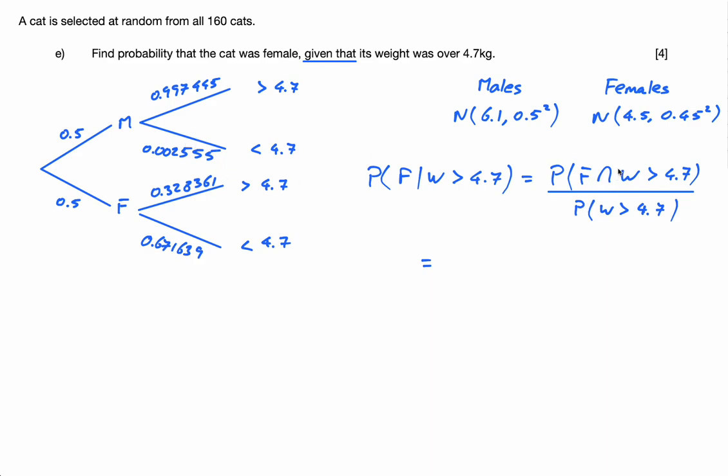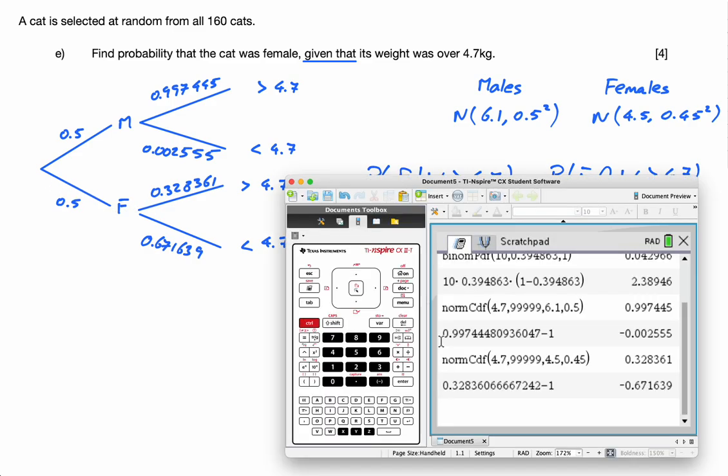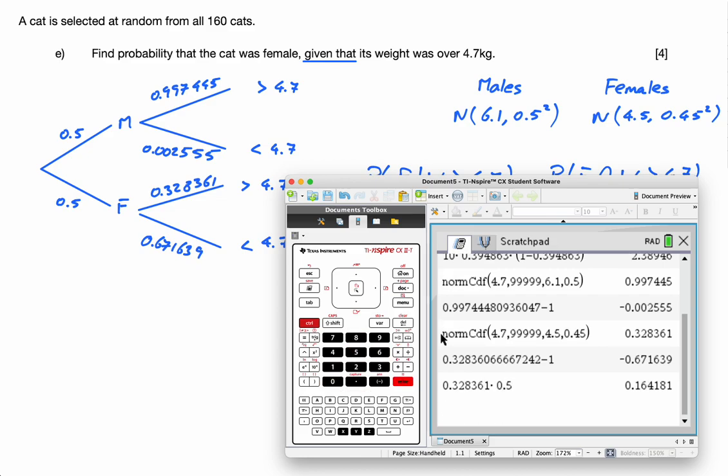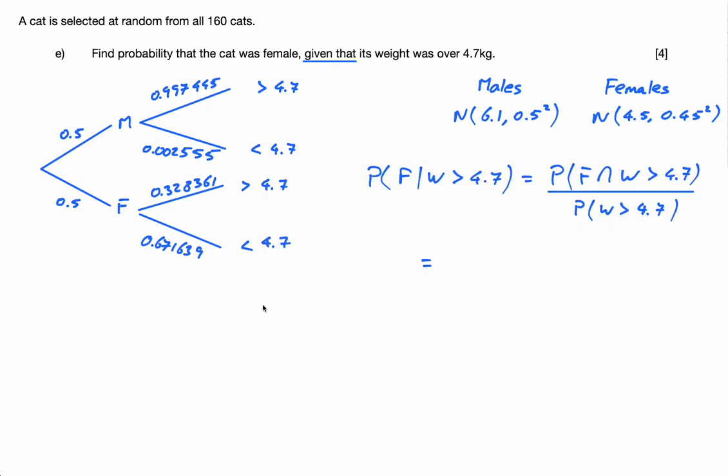Okay, female and weight greater than 4.7. Now the reason the diagram is nice is female and greater than 4.7 is just this times this. So it's 0.328361 times 0.5. That's 0.164181. 0.164181 divided by the probability that W is greater than 4.7, right? So that's, well, it's this times this plus this times this.